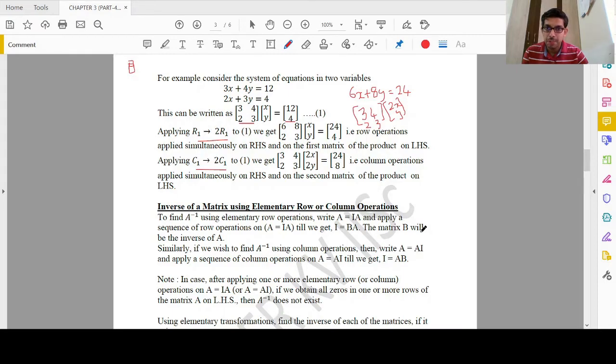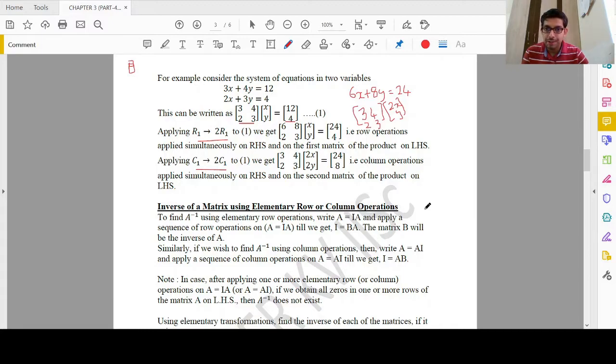Even if the matrices X, A and B are of the same order, this result is valid. That means if you want to apply a sequence of row operations, it is needed to apply only on the first matrix of the product, and in order to apply a column transformation, it is needed to apply only on the second matrix of the product.